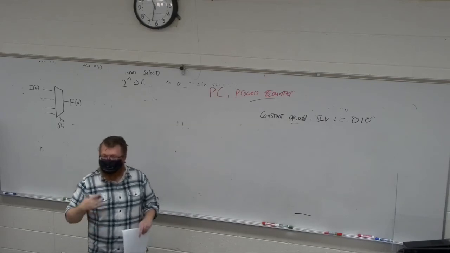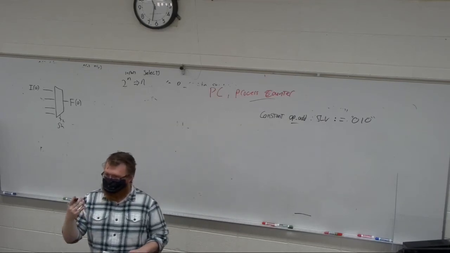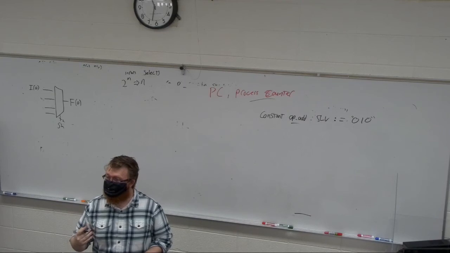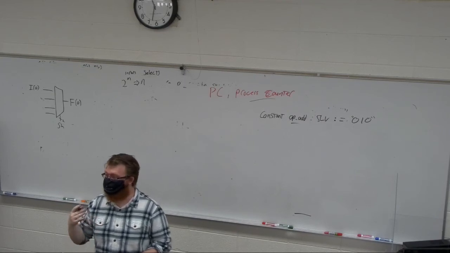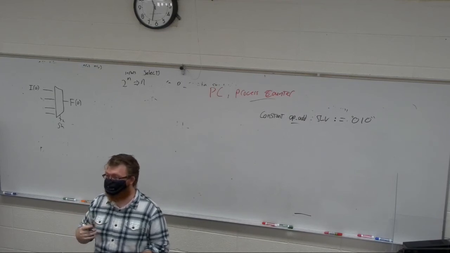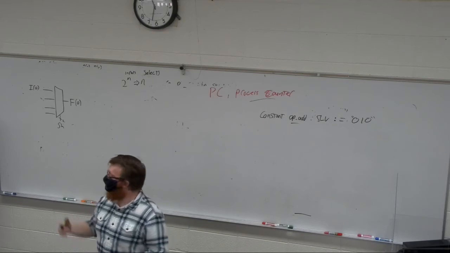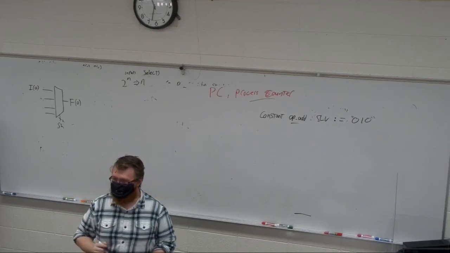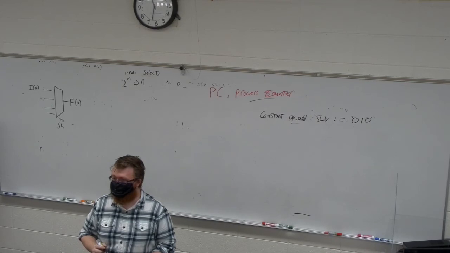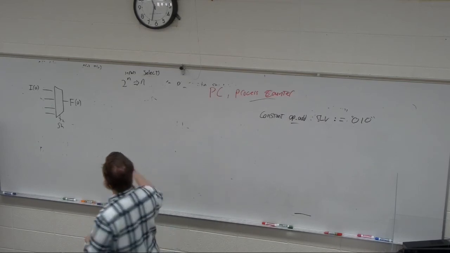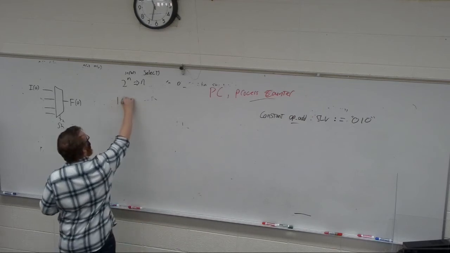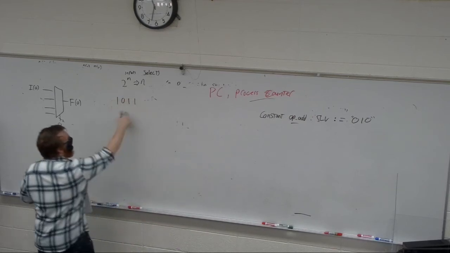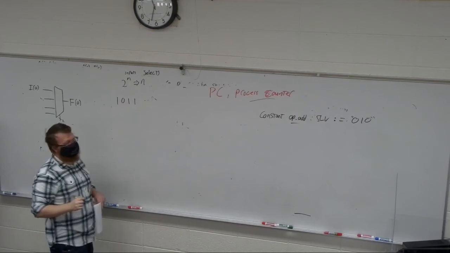Let's continue on. If my shift is 1, and I want to fill the least significant bit with zeros, what is F at 0 if shift is 1? So I want to shift left and fill with zeros.